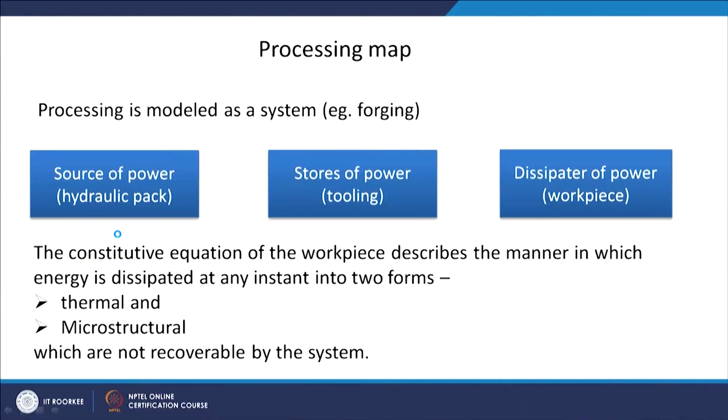So, how they are doing it: the processing is modeled as a system. For example, we are taking an example of forging here. So, already we know how the forging process takes place. You have a kind of hammer, or movable ram, and your workpiece is there, and you are having a compressive deformation.